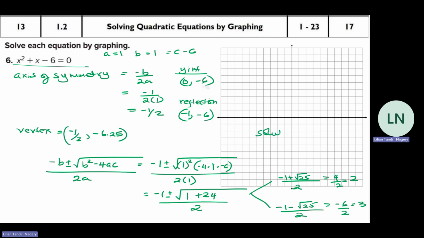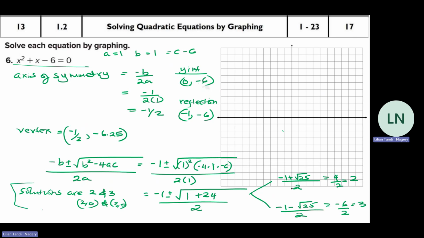So solutions are, write it here. Solutions are 2 and 3, or (2, 0) and (3, 0).